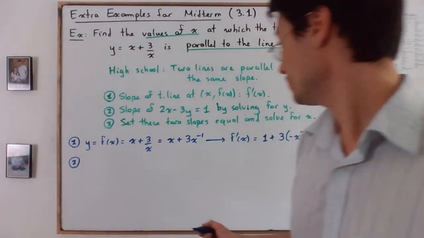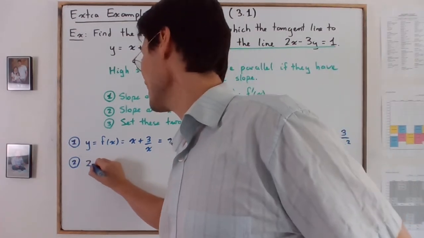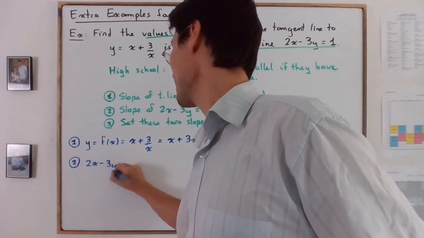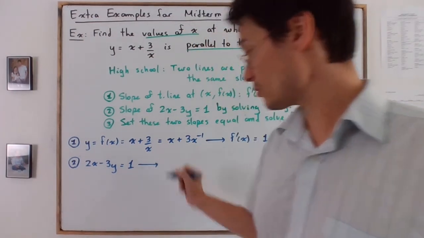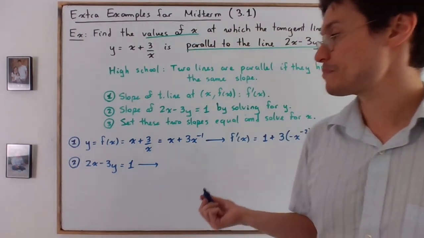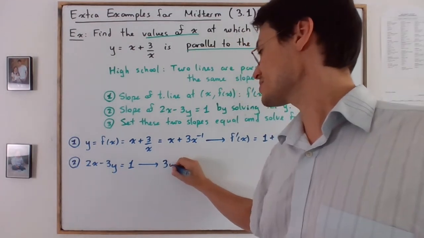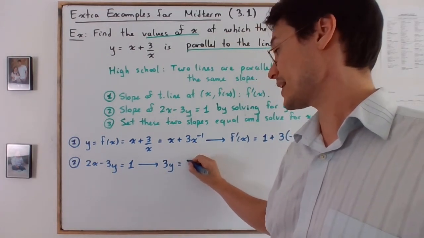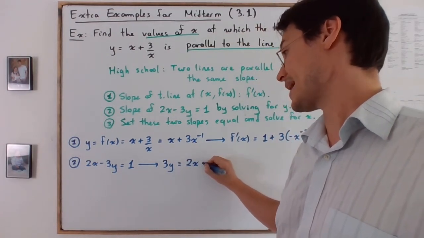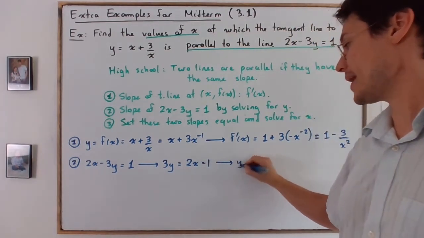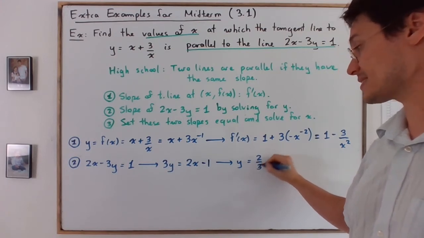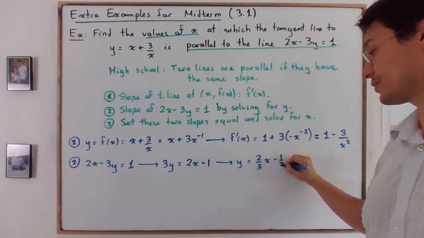Step number 2: we take that 2x minus 3y equals 1 that we have over here, and we want to solve for y. Let's first isolate the 3y. We get 3y equals 2x minus 1, meaning that y is 2/3 of x minus a third.